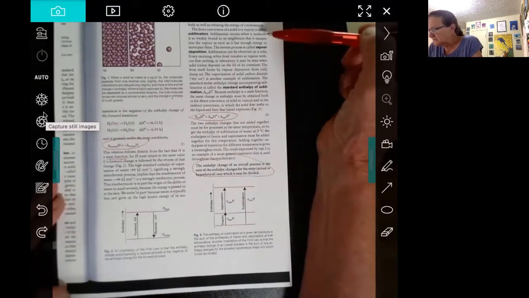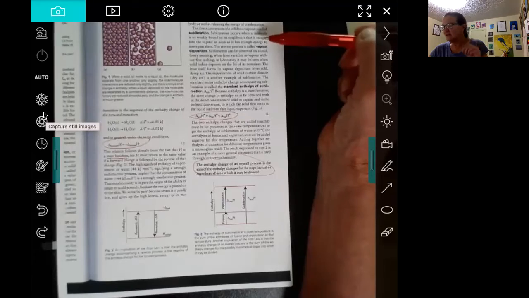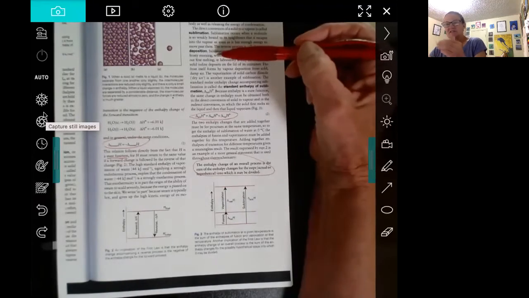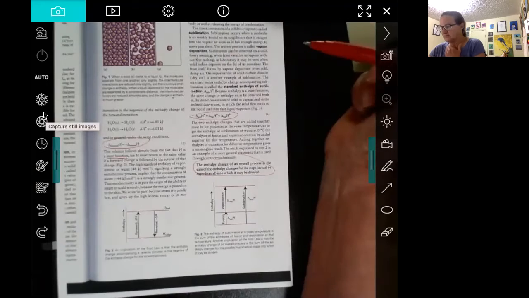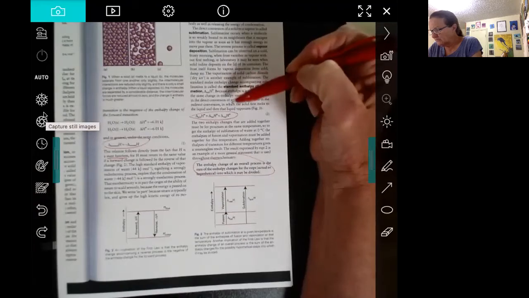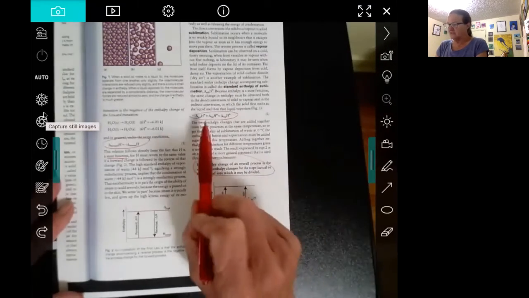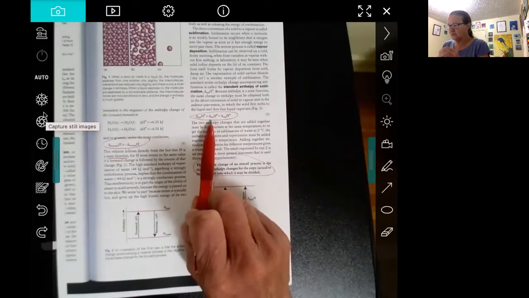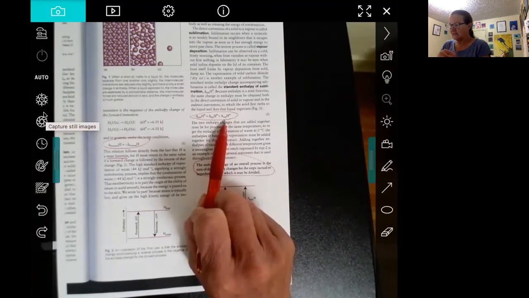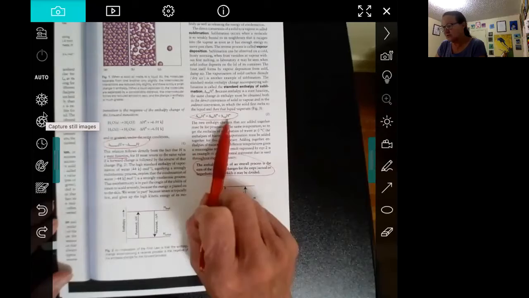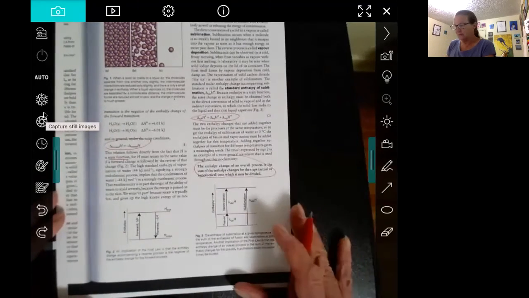Sublimation is the process of going straight from solid to a gas, and vapor deposition is the opposite, going straight from gas to a solid. So we have standard enthalpies of sublimation, and once again, because of Hess's law, if you knew how much it took to take the solid to a liquid, and second, the liquid to a gas, you'd add those two together because those two steps are the same as sublimation.